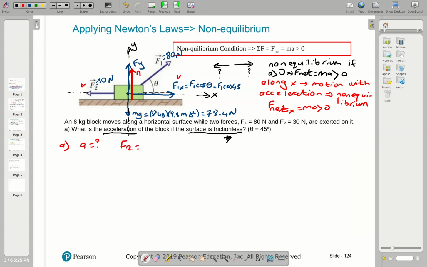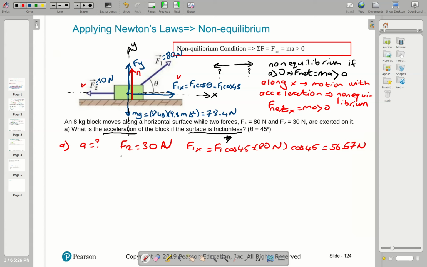F2 is 30 Newton. I know that. F1x, when I put in the values, F1 cosine 45, F1 is 80 Newton times cosine 45. That will give me a value of 56.57. All right, that was the number.